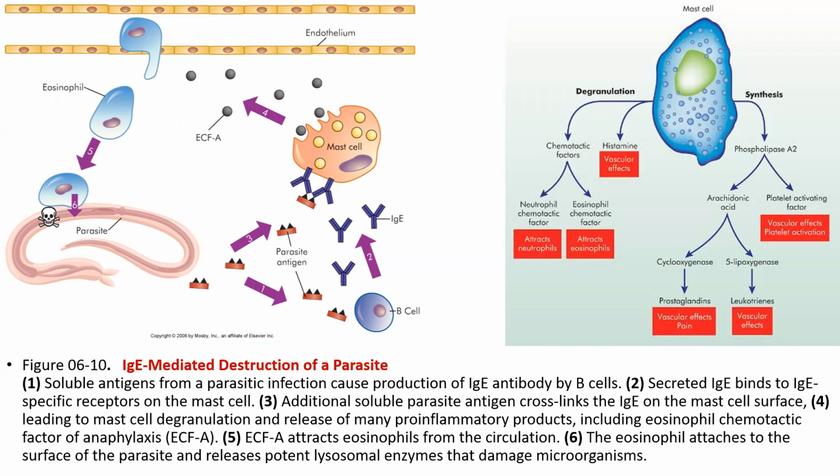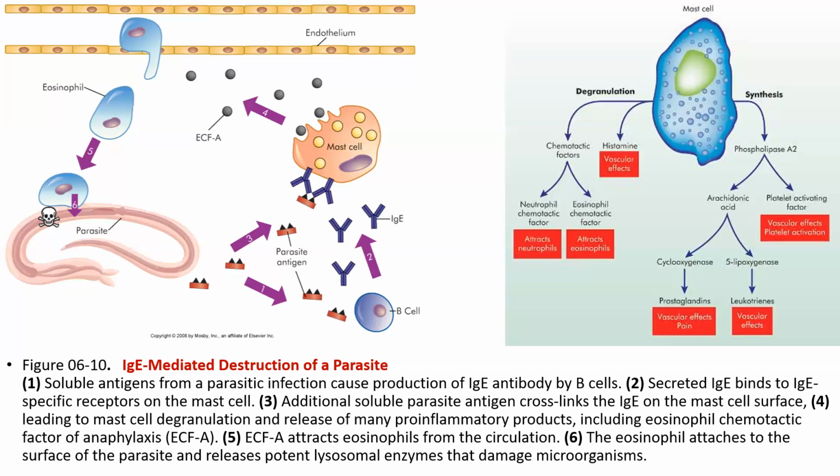The mast cells' activation results in the synthesis or degradation of the chemical mediators. So the right side of the slide shows that this is the hallmark of the inflammatory process.